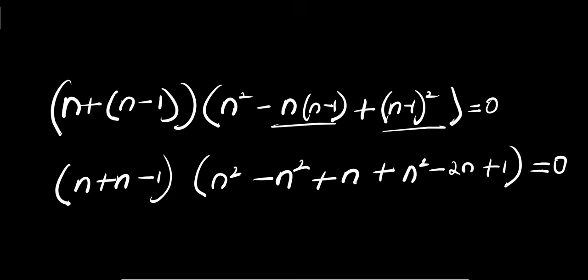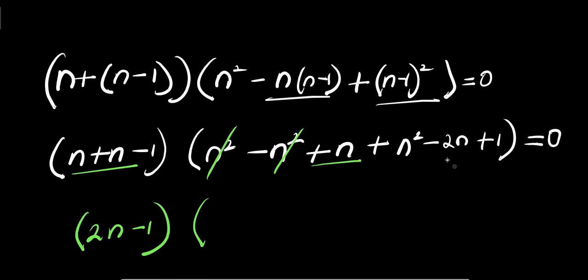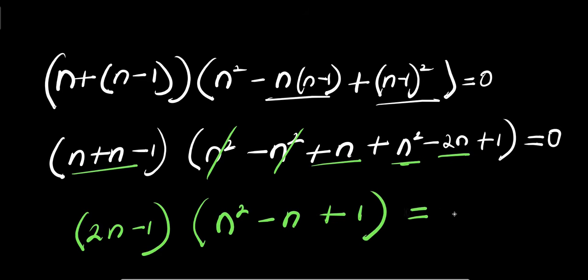So from here on, this will give you 2n minus 1. This cancels this. So you have n minus 2n, that is negative n. Remember this n squared, so you have n squared minus n plus 1, and this equals 0.